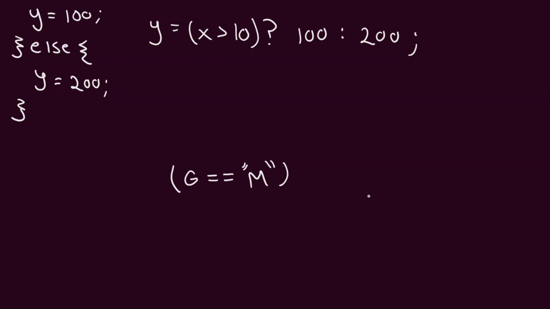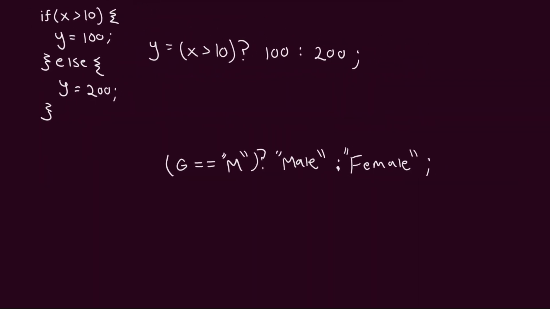If g is equal to m, where m means male, then we return a string called male. But if it's not m, then we'll return female.